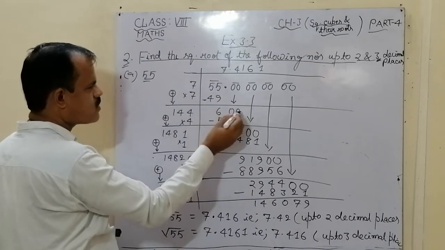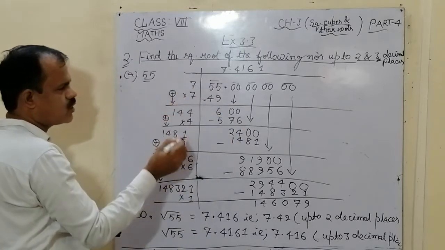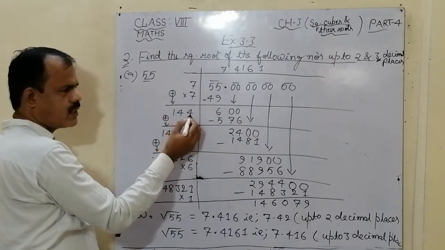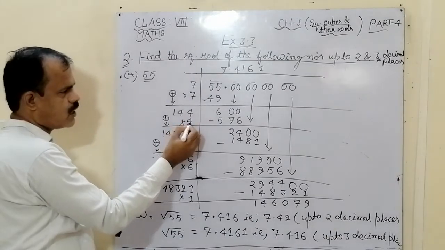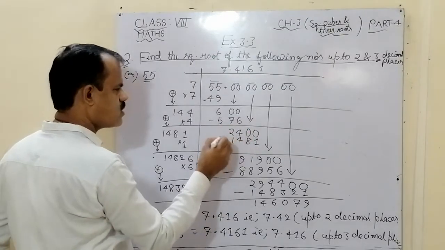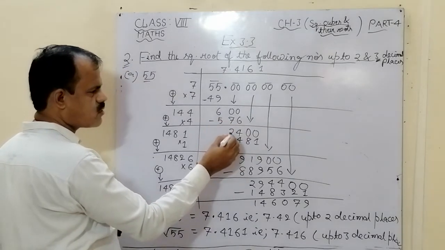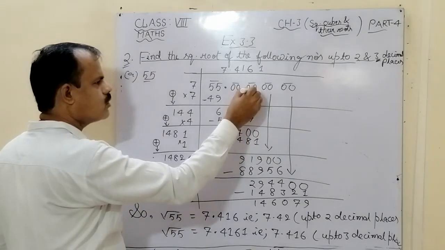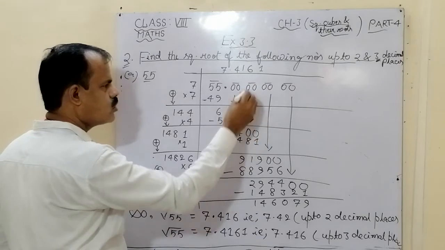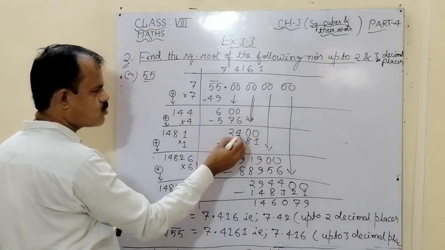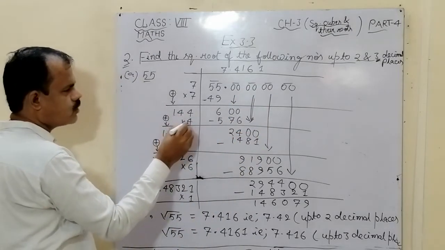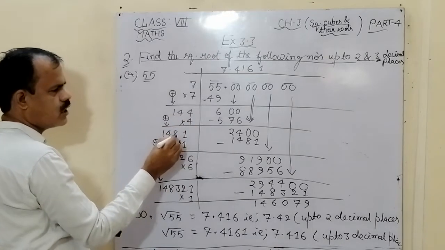So it becomes 600. 7 plus 7, 14. Now we write here 4. So 4 multiplied by 144 becomes 576. 600 minus 576, 24. Now we bring down the pair 0, 0, so it becomes 2400. 144 plus 4 becomes 148.